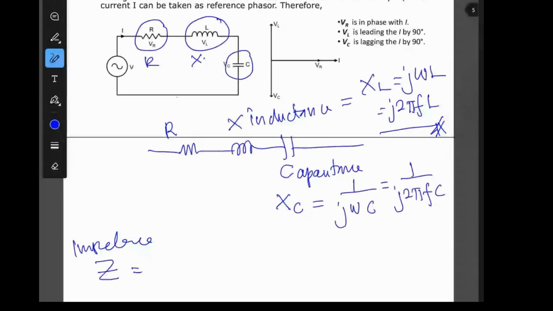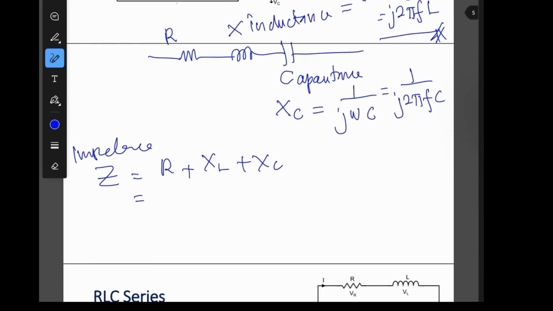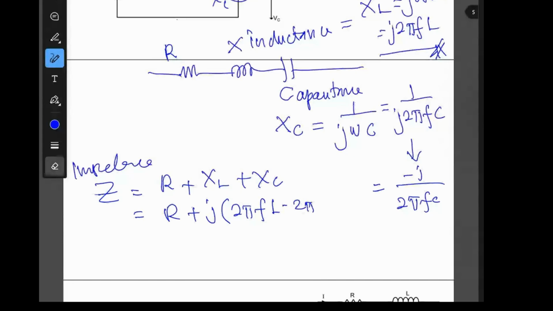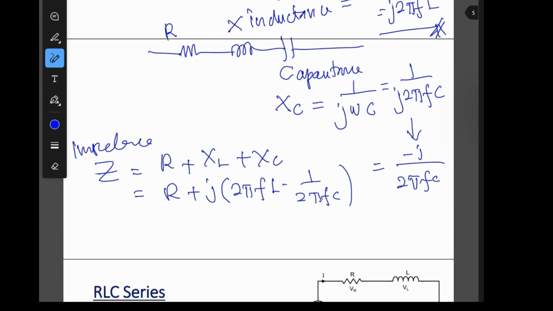So impedance is equal to R plus, for XL we have j 2 pi f L. This one, we can bring j to the upper step, we call minus j over 2 pi f C. Okay, 1 over j is equal to minus j. So minus j times 1 over 2 pi f C. Okay, this is impedance.